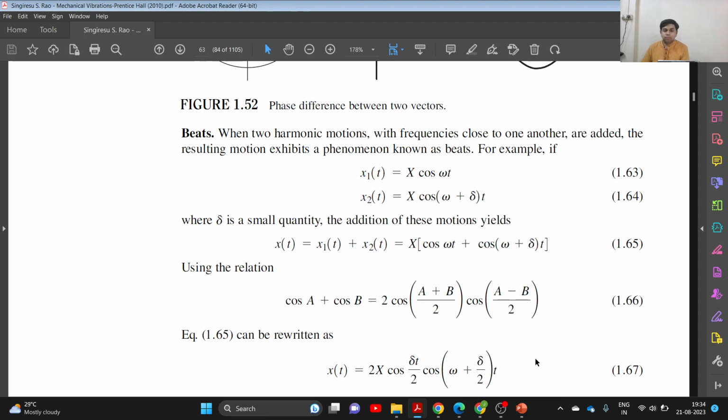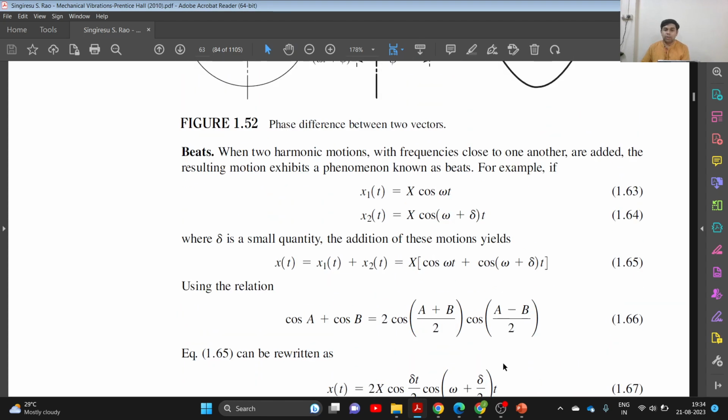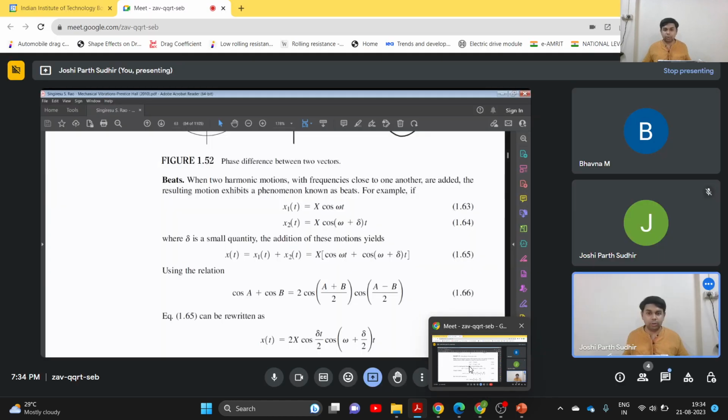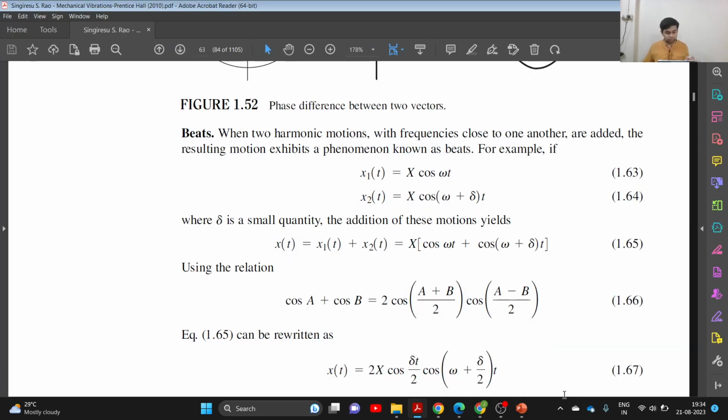This 2x cos delta t by 2 cos whole of omega plus delta by 2. Yes, yes. So if you just plot 2x cos delta t by 2, just give me a moment. That is the amplitude of that outer sine wave. And this cos omega t or omega 1 t is... just a moment.